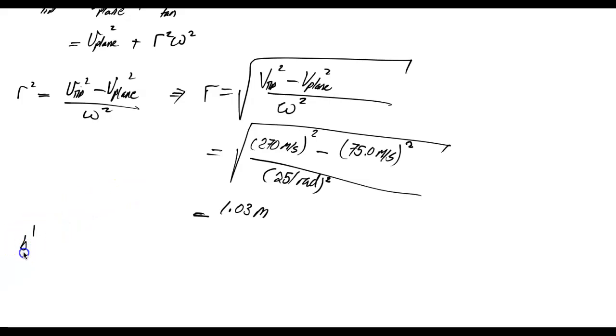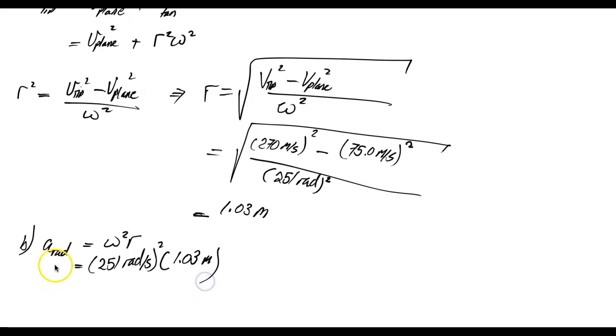And now if we wanted to find the radial acceleration, we can use omega squared r, which is 251 radians per second, squared, times r, which we just found to be 1.03, and that equals 6.5 times 10 to the 4th meters per second squared.